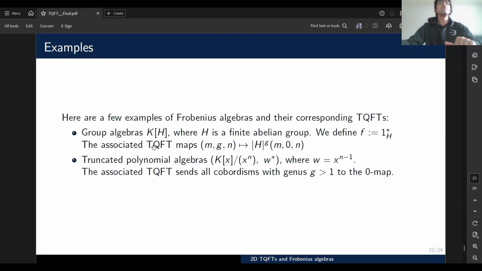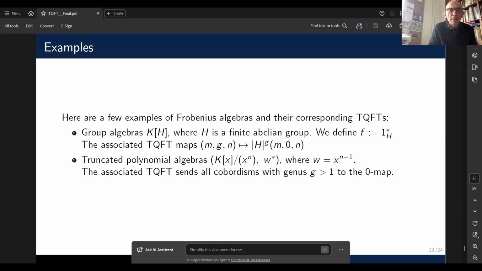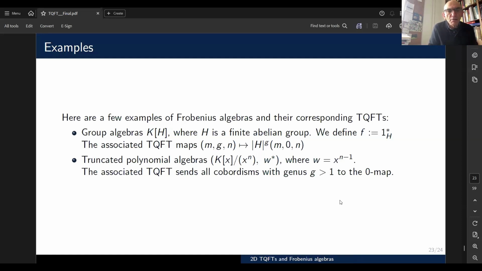In this case, we just associate to the circle the whole algebra, and to a union of n circles, we associate the same algebra tensored n times. That's right. But in the case of truncated polynomials, to the circle we associate, of course, the truncated polynomials again, but the difficult part is to decide what the morphisms should be, right?